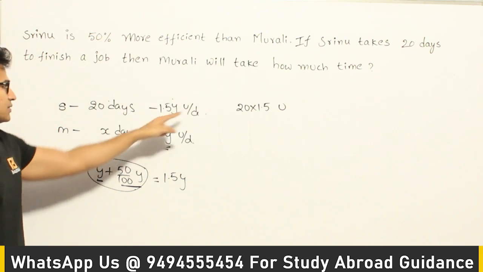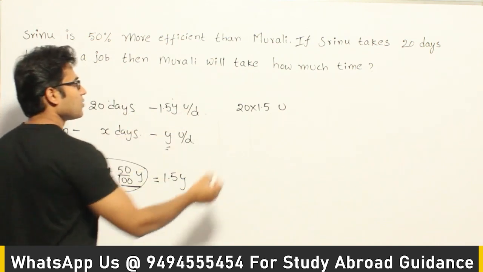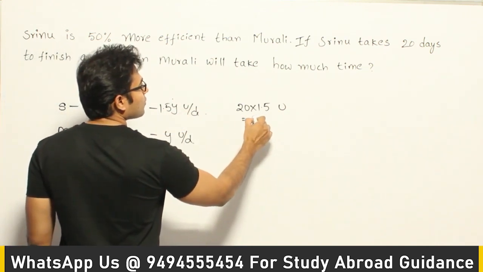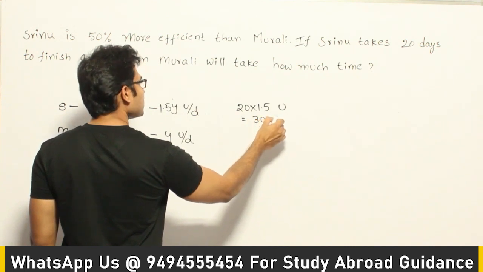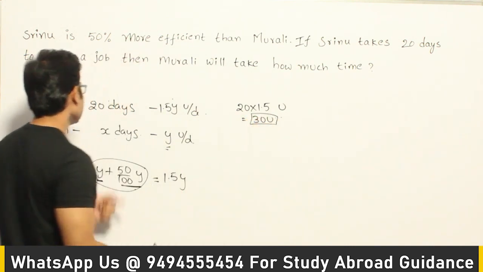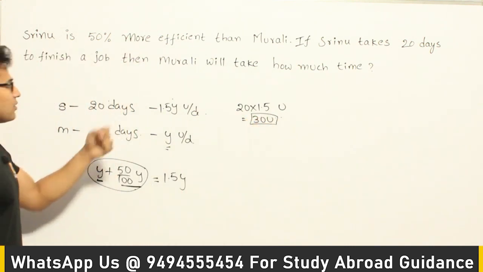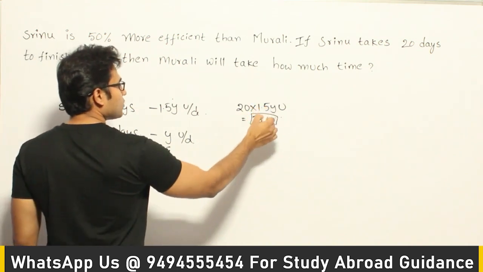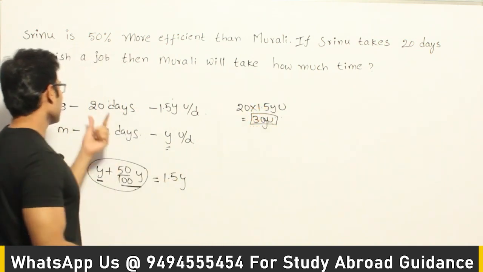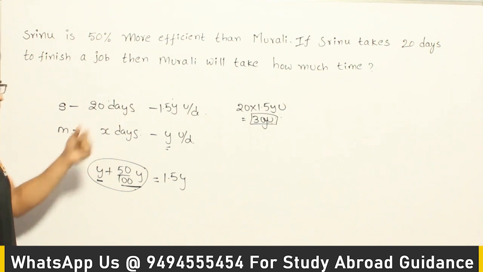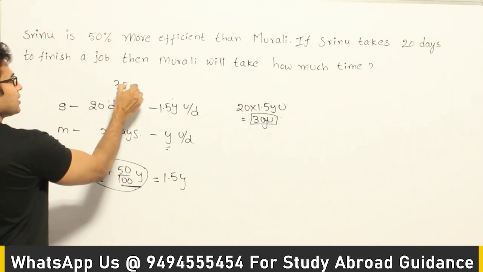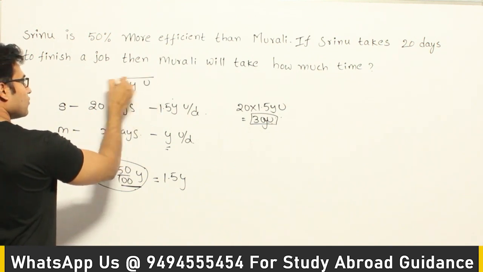If I multiply these two, the days will get cancelled off. So you are going to get 30 units. There is Y also, right? So 30Y units is the total work done by Srinu. Okay? So 30Y is the total work.